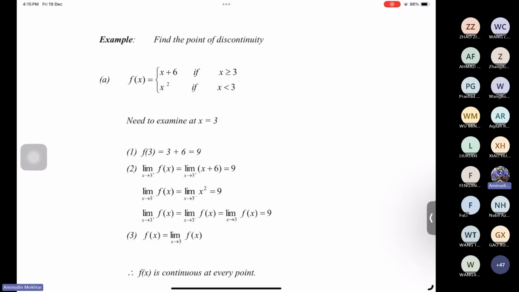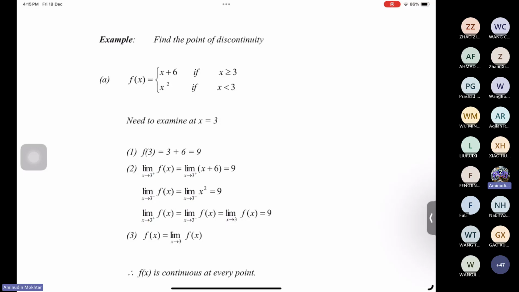We need to find the point of discontinuity. It's quite difficult here because the value of x is not given in the question. You need to decide.